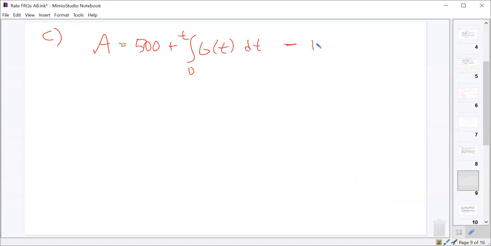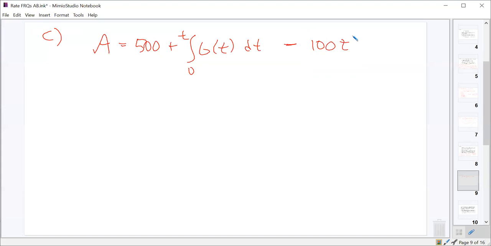And how much is processed? 100 tons per hour. So 100 times the time period. If you wanted to, you could write this as minus the integral from 0 to T of 100 dt, right? But what's the integral of 100? It's 100T. Either way you did it is fine. I prefer to write it like this.